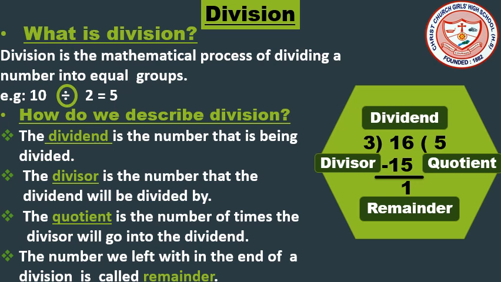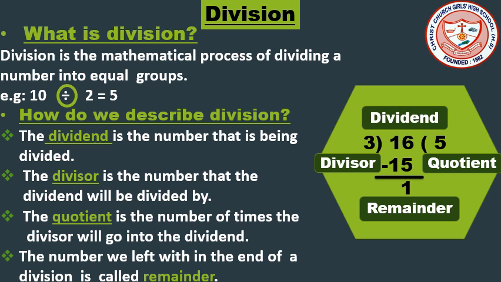Now quotient. What is quotient? The quotient is the number of times the divisor will go into the dividend.